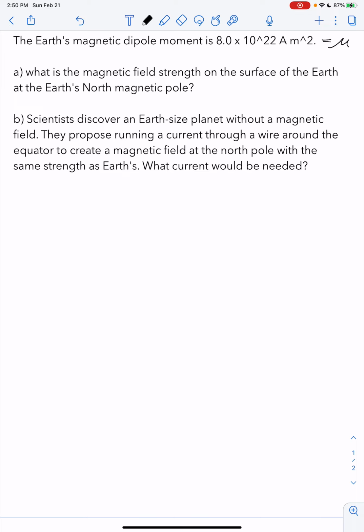The first question is, what is the magnetic field strength on the surface of the Earth at Earth's north magnetic pole? The relationship they're getting at is, what's the magnetic field strength, and how is that related to mu, which is the dipole moment?